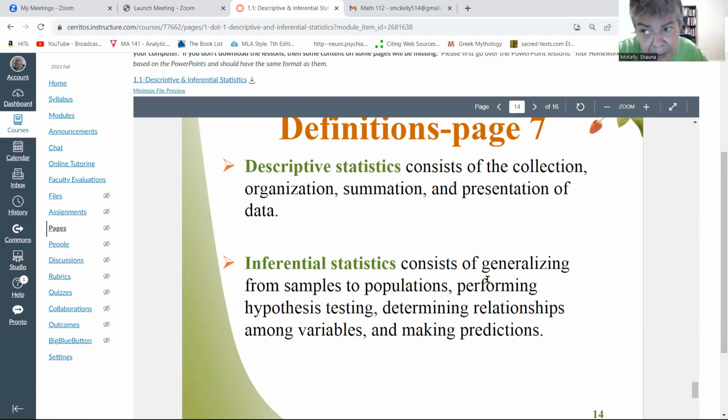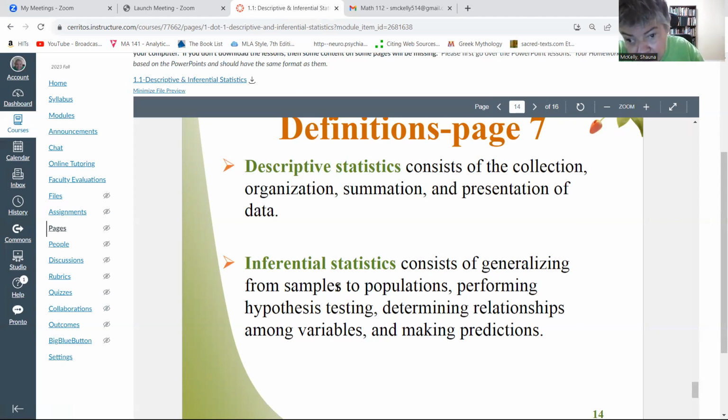If my statement happens to be, I think that students now are younger than students used to be, that would be what we call hypothesis testing. I have a belief that I already believe: I believe students are younger now than before. And I'm going to do a bunch of calculations with my data to find that out.